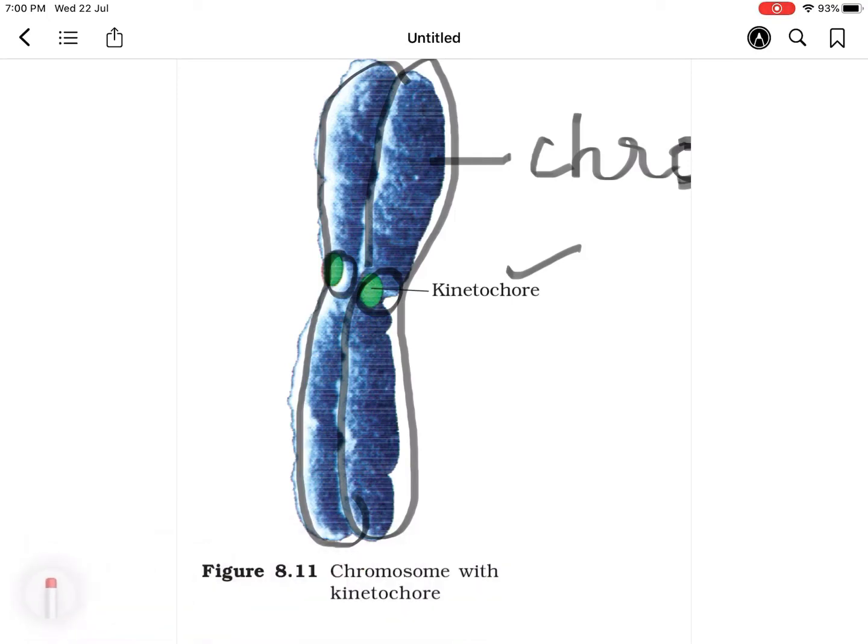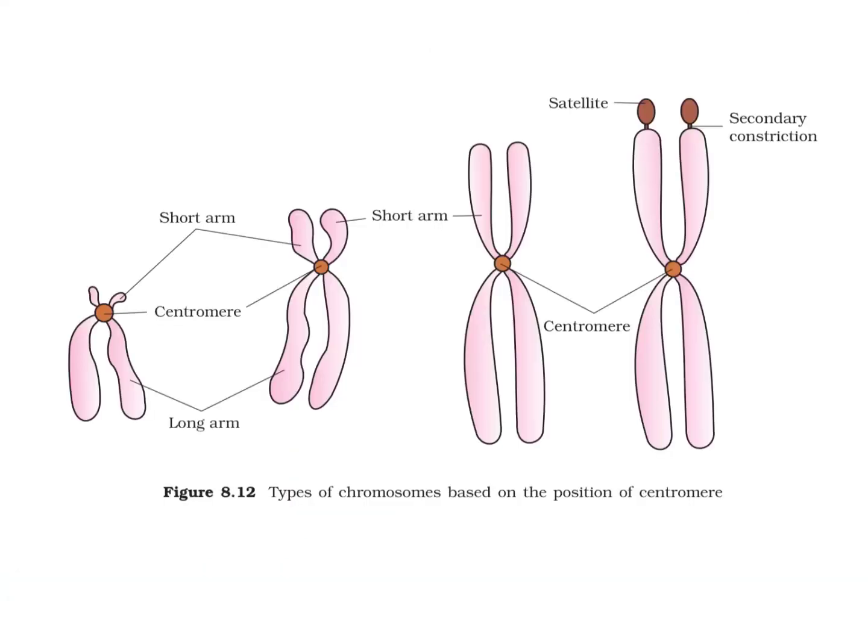This diagram is not easy to draw, so simplify this diagram and also draw these four types of chromosomes. Here all four types are shown. The last one is showing an acrocentric chromosome because it shows a satellite.